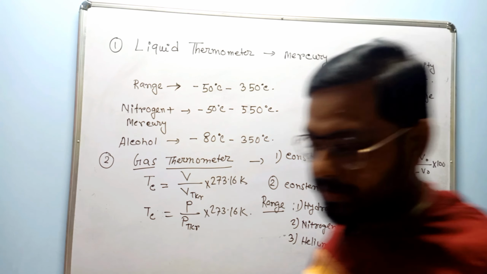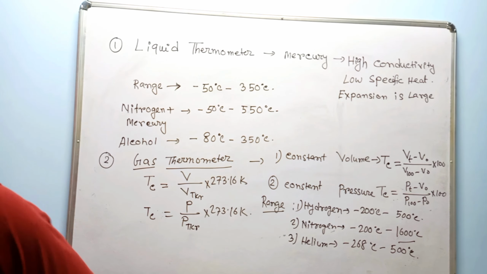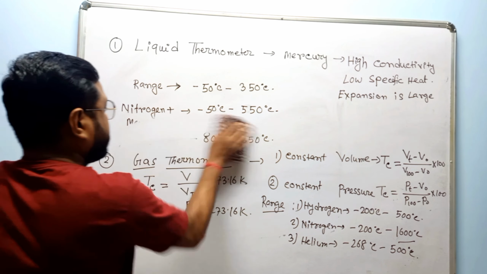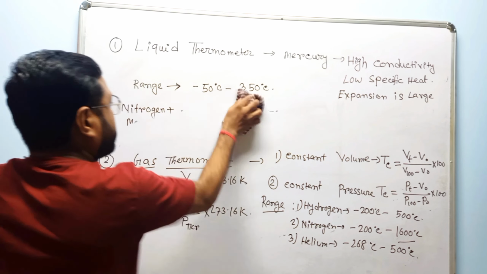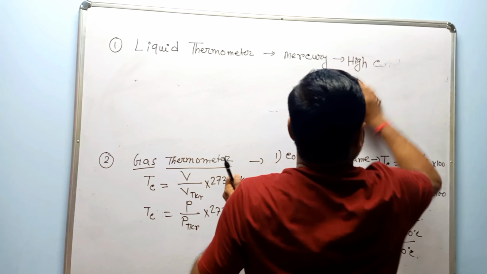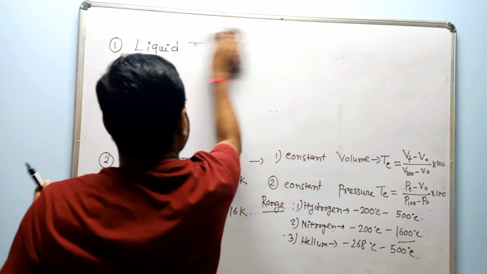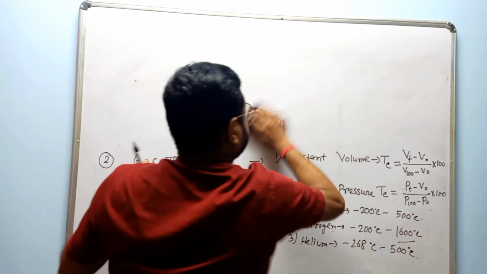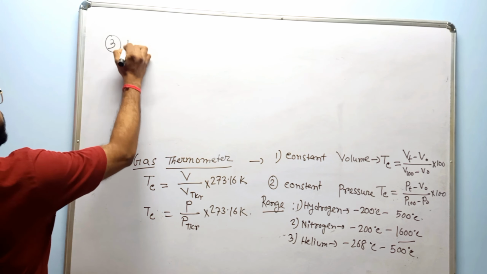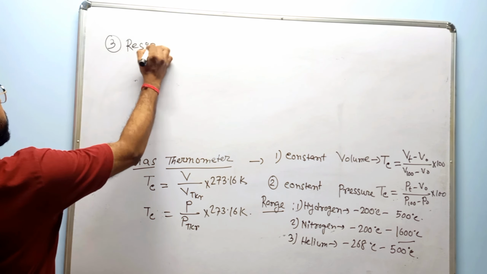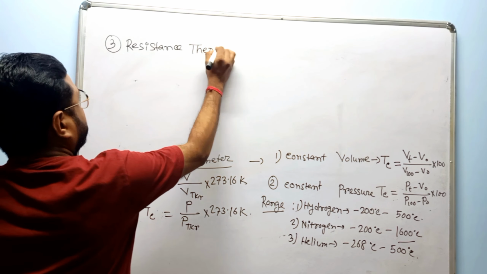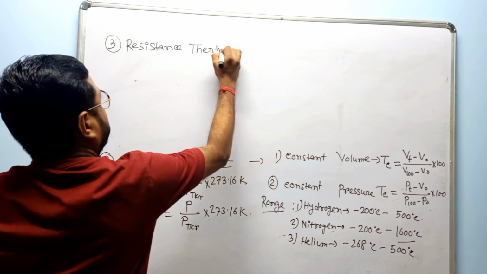Next, we go with number 3, that is the resistance thermometer.